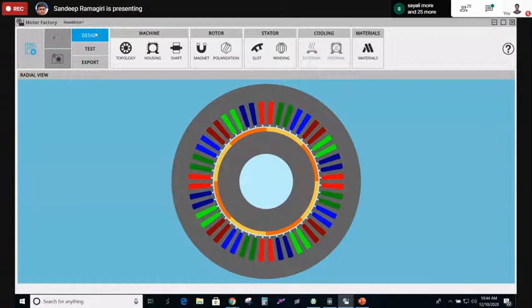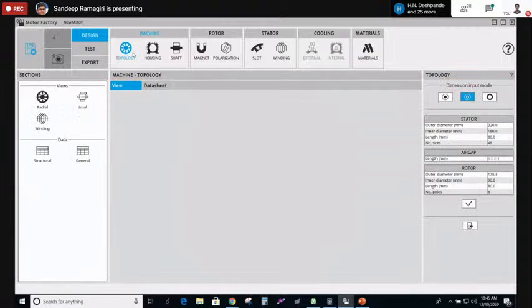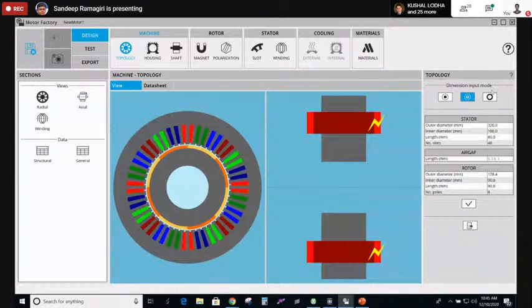In the design first, from the analytical calculations we can compute all the structural data. I already have it, and I will be entering those structural data into the software. It's basically for a 50 kilowatt machine, 400 Newton meter torque requirements. So let us enter those dimensions. First one is the topology. You can see here there are several topologies available.